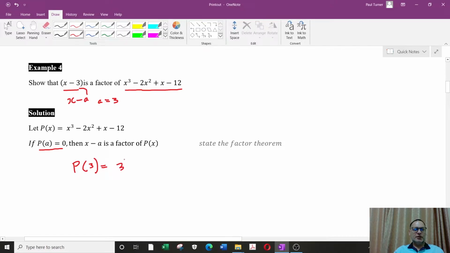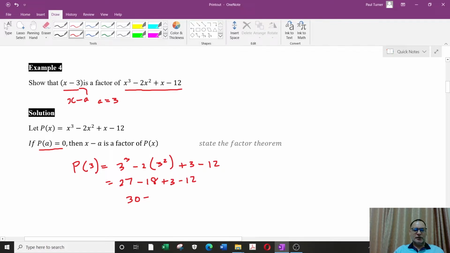So we'll get 3 cubed minus 2 times 3 squared plus 3 minus 12. So that will be 27 minus, 3 threes are 9, 2 nines are 18, plus 3 minus 12. 27 plus 3, that's 30.